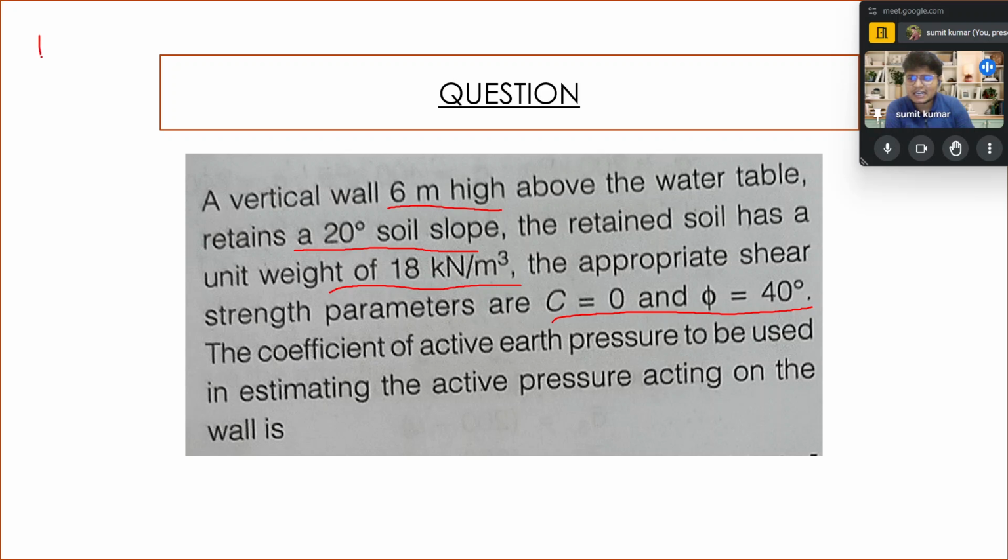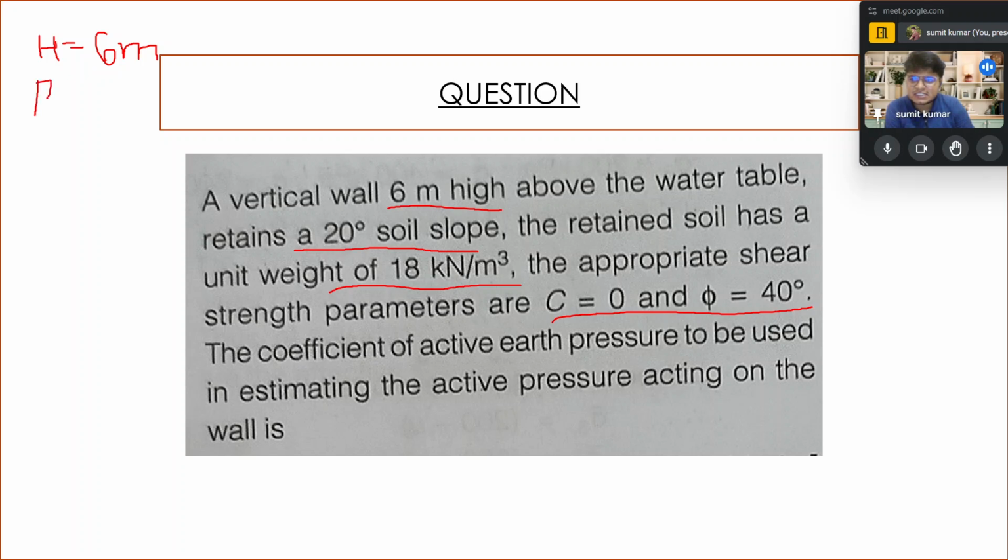I will write, first of all, height is mentioned, that is nothing but 6 meter. After that, the most important thing which we have discussed today only: retains a 20 degree soil slope.